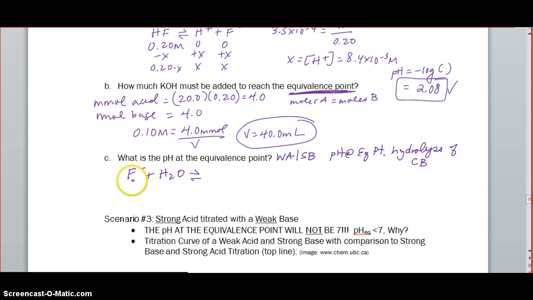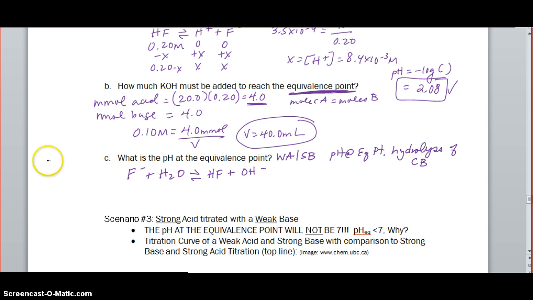So he's going to take on a proton, form back HF, and then OH minus will be left. So we need to know how much of this F minus was produced. Well, if we had 4 millimoles of acid, at the equivalence point we know all 4 millimoles is going to be used up. In the process, how much F minus is going to be produced?